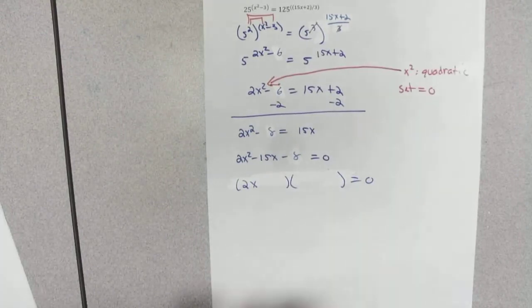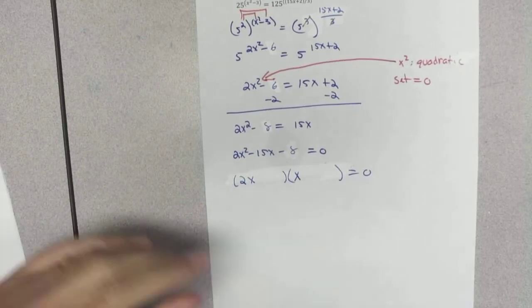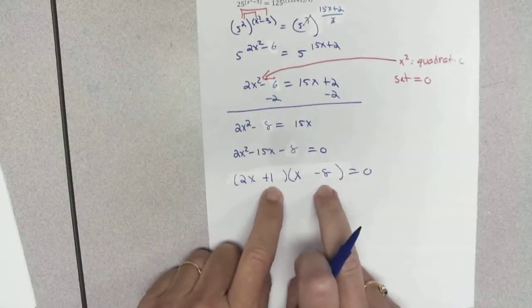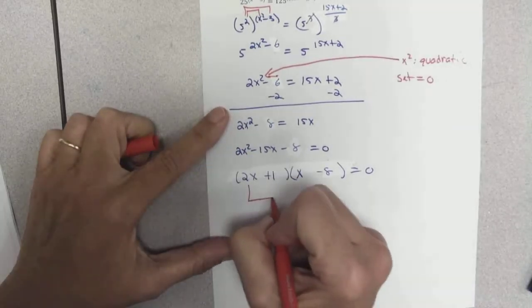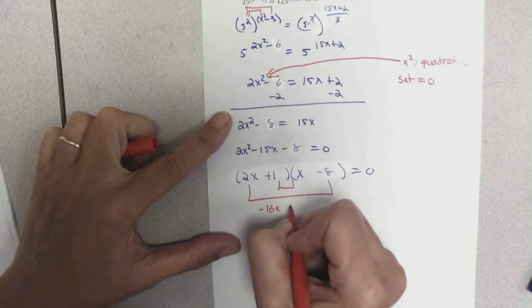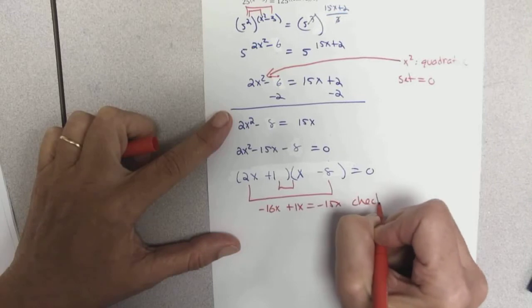First terms must multiply to be 2x squared, so 2x and x. Last terms must multiply to be negative 8, but I have to create that negative 15x in the middle. And what's going to work is plus 1, minus 8. 1 times negative 8 is negative 8. And then just checking that factoring in the middle, I'm going to get negative 16x plus 1x for negative 15x, and that checks the factoring.